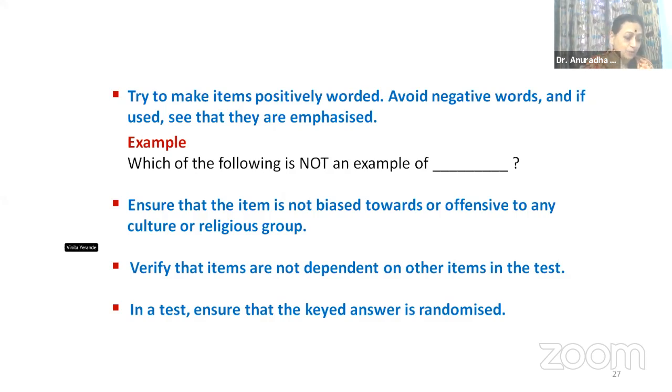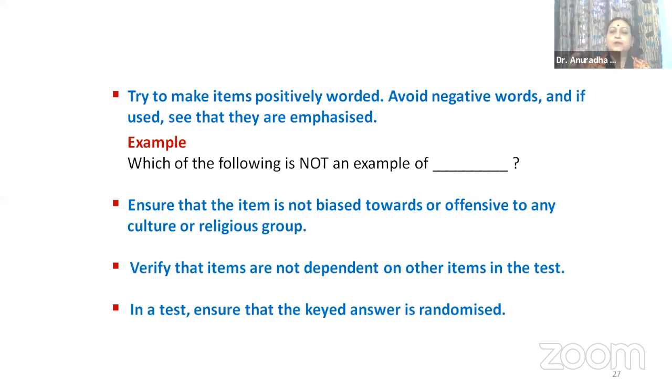Let us see, a small example could be: Dickens, P.G. Wodehouse, Charles Dickens is the right answer. But now, suppose somewhere later in the question paper, you say, the main character in Dickens, David Copperfield, showed this.